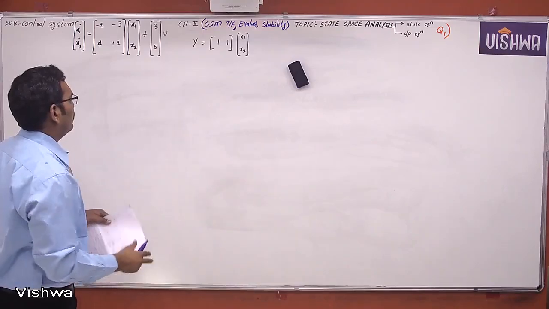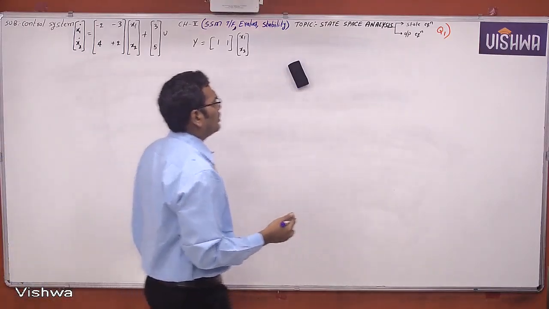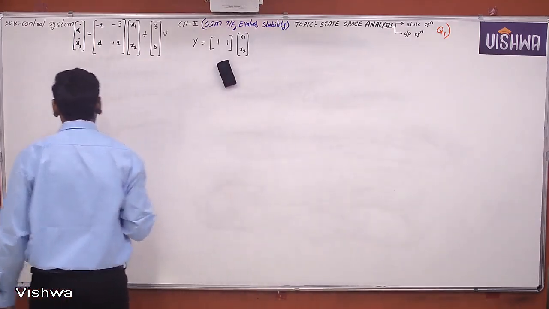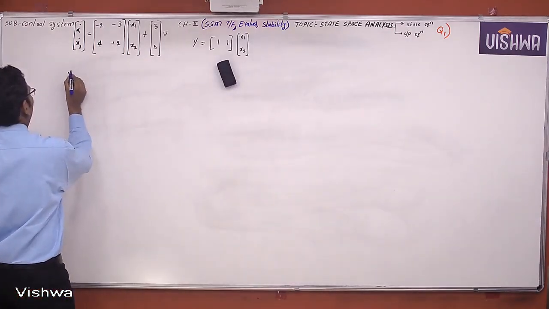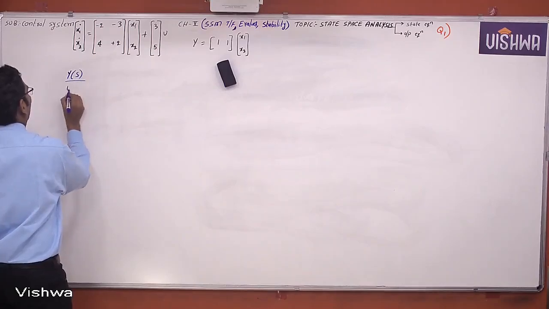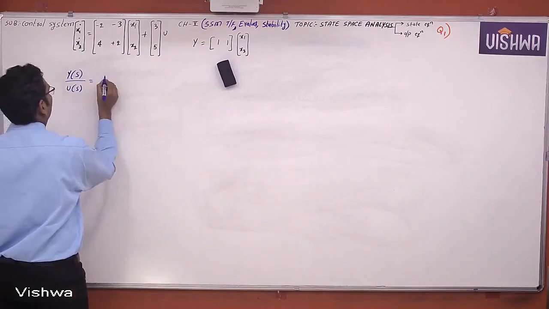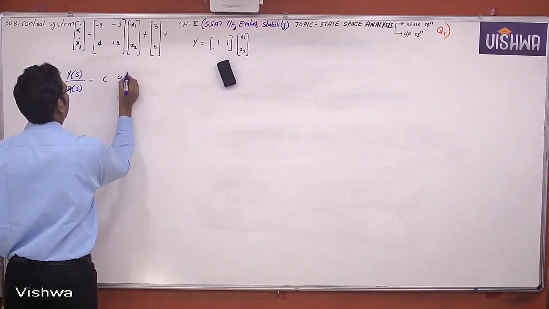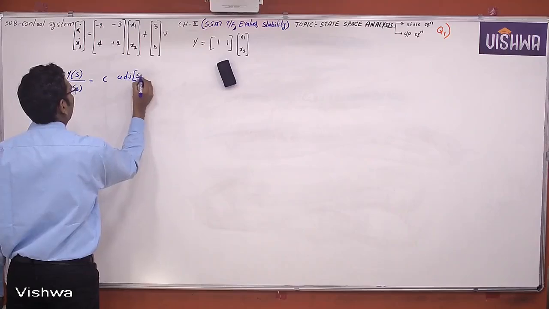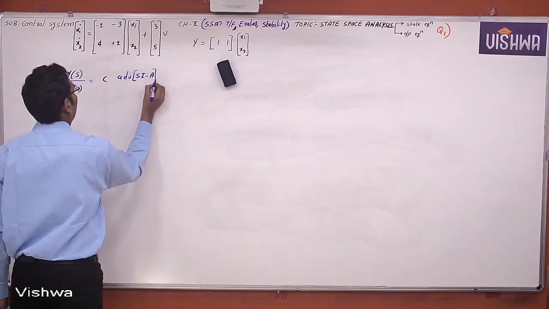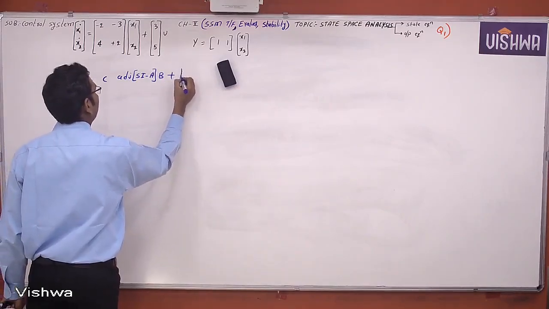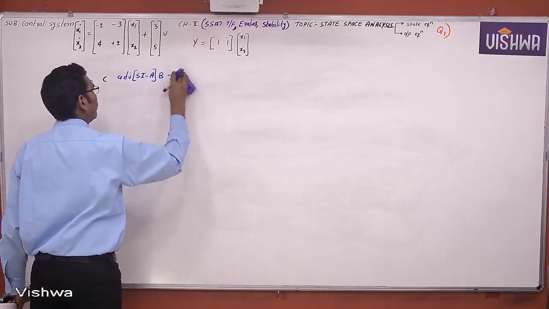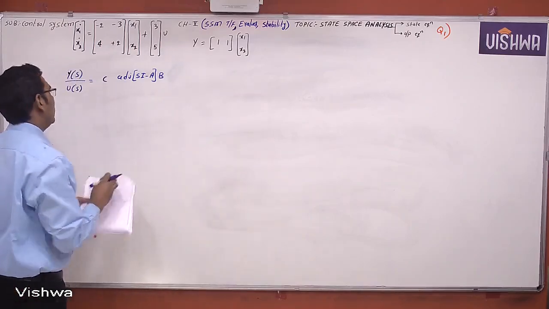Now, what is the state space model transfer function? The transfer function Y(s)/U(s) is equal to C into adjoint of (sI minus A) into B plus D, divided by determinant of sI minus A. D is there, but y equals C into x, so there is no D, therefore D is 0.